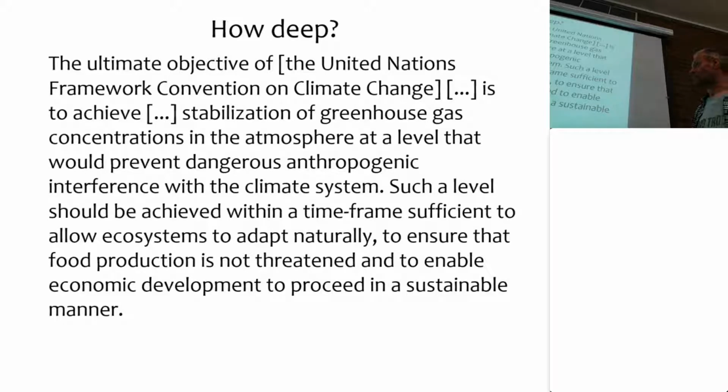We should allow ecosystems to adapt naturally, and we would ensure that food production is not threatened. And those seem very laudable aims, and that is one of the reasons that the vast majority of countries signed up to this convention within a few years. It was negotiated in 1992 and entered into force in 1995.